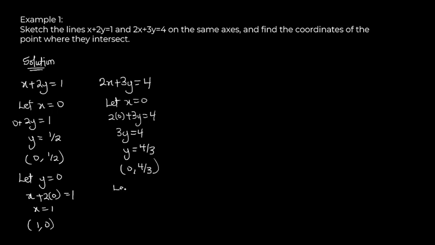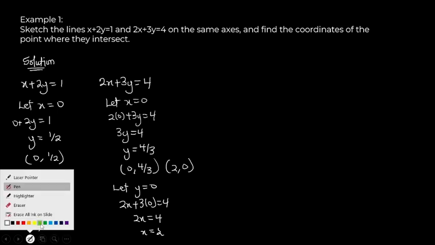Then we say let y now be equal to 0. Now if y is equal to 0, we have 2x plus 3 times 0 is equal to 4. So 2x equals 4, then our x will be equal to 2. So the second coordinate is x is 2, y is 0.